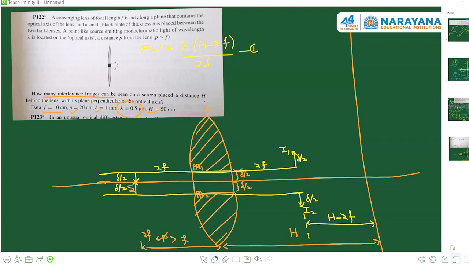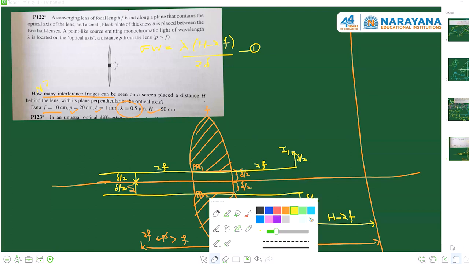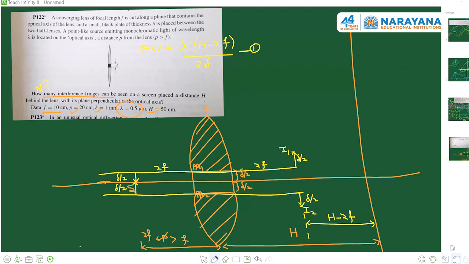That is equation number 1. Now, the concern is the number of fringes on the screen. So first of all, when you look into the flux, all the energy which is incident on this upper lens, all the energy.